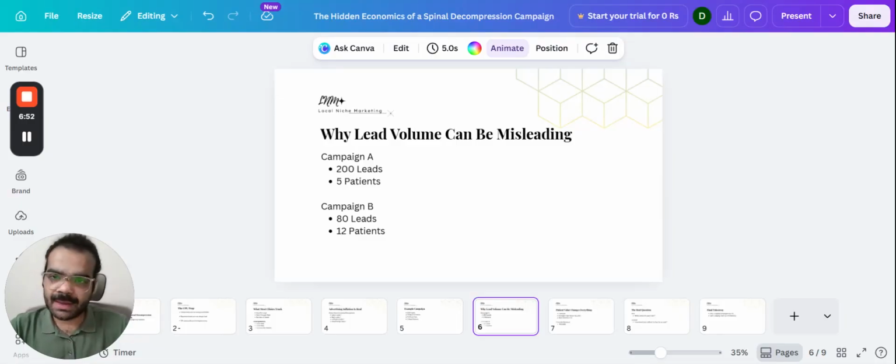There was another campaign, we call it campaign B, that only generated fewer leads, right? But campaign B generated around 10 to 12 patients, and you also spent $2,000 on this campaign. The choice is yours, right? You have to be very data driven while shutting off a campaign in this scenario.